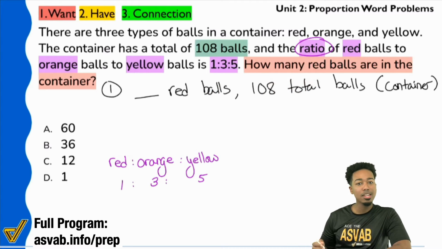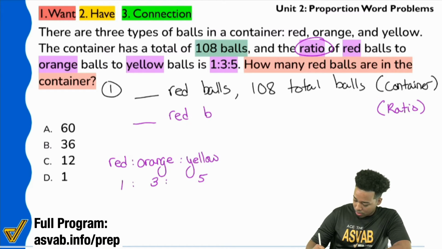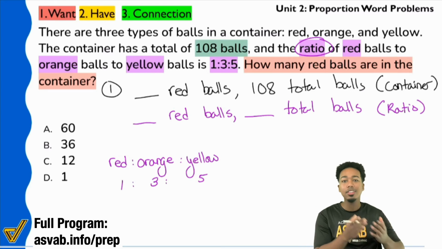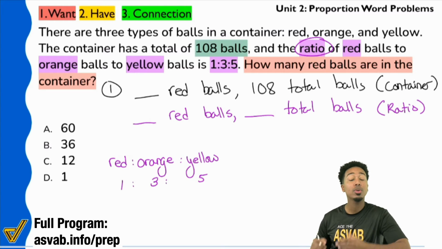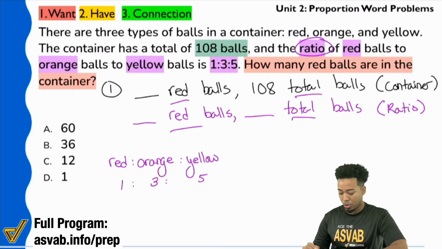So if I want to set up a proportion that I know is going to work, I need to make sure to compare in the ratio, compare the red balls to the total balls. Again, what have I always said? Compare the same things in the same way, right? So that's how we're going to do it. We need to make sure that if we have red and total here, that we have red and total there.